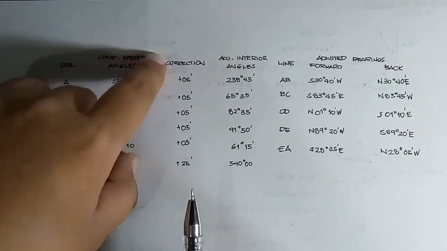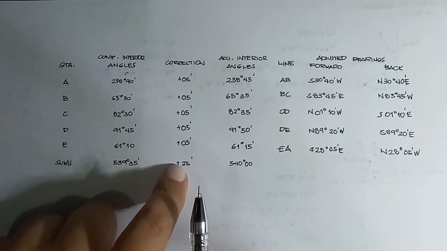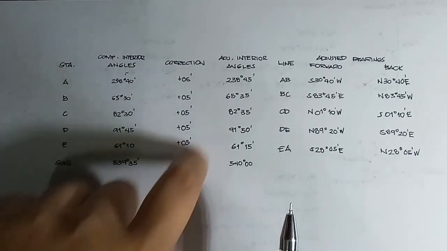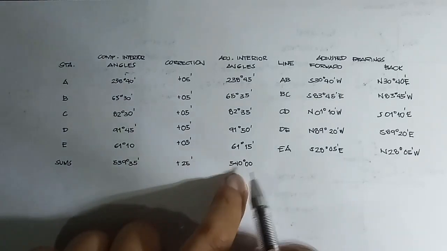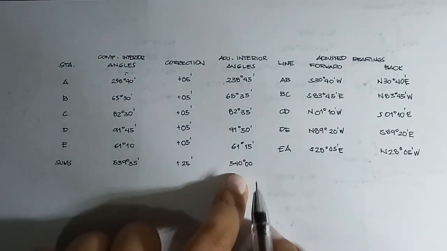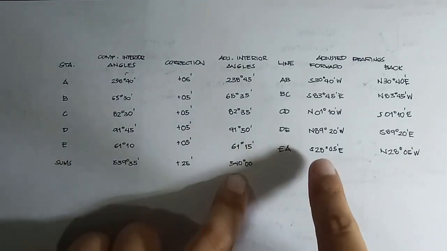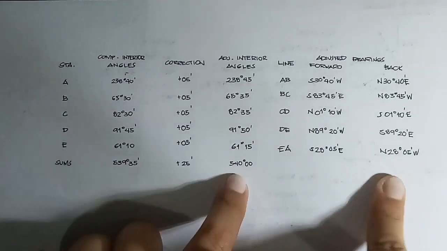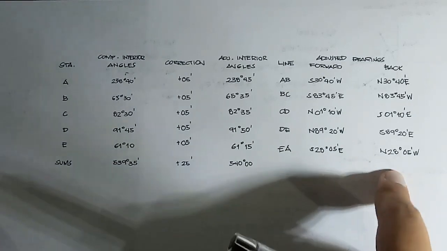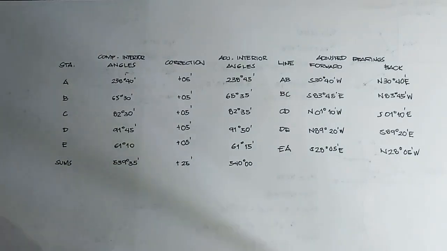So, andito na rin yung tally nung sa corrections, which is 25 minutes, and yung total nung adjusted interior angles, which is 540 degrees. So, andyan na rin yung forward adjusted bearings and yung back adjusted bearings. So, ayan yung example natin for adjustment ng closed compass traverse.